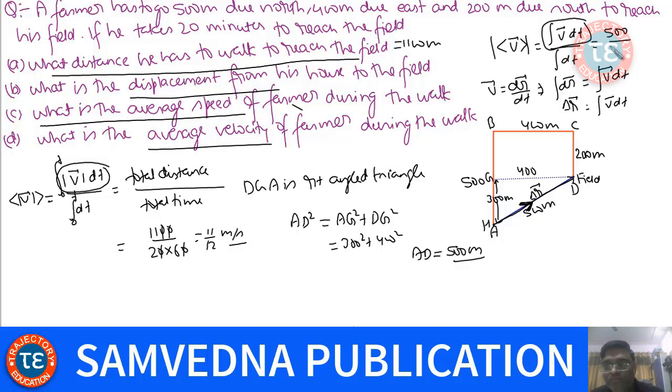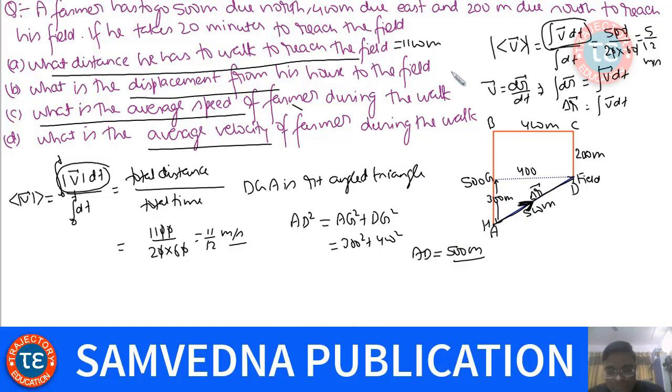That is 500 displacement upon time, which is 20 into 60 again. So that would be 5 upon 12 meter per second in the direction of the AD vector, in the direction of the displacement vector, right? So this is going to be the average velocity.